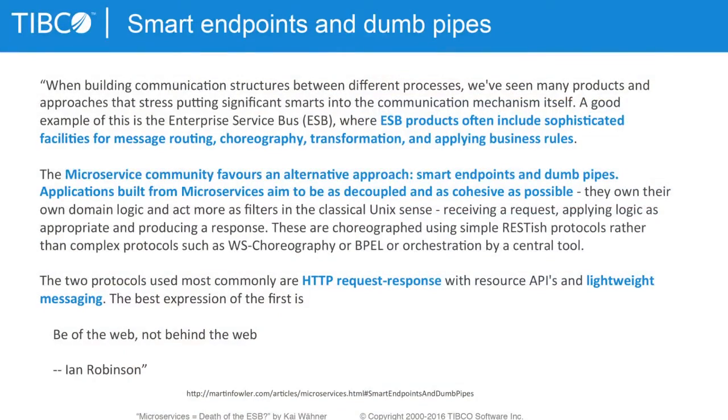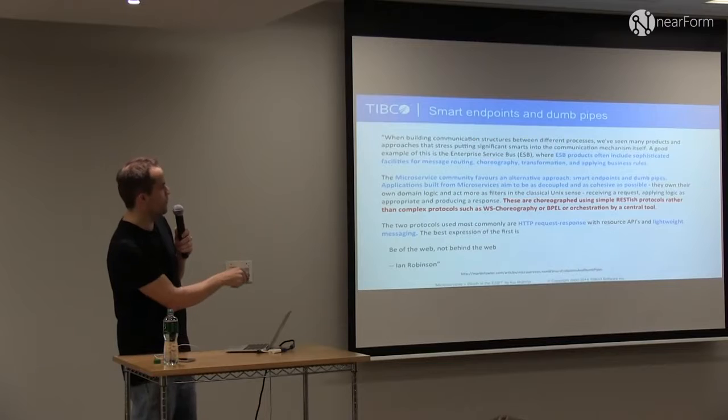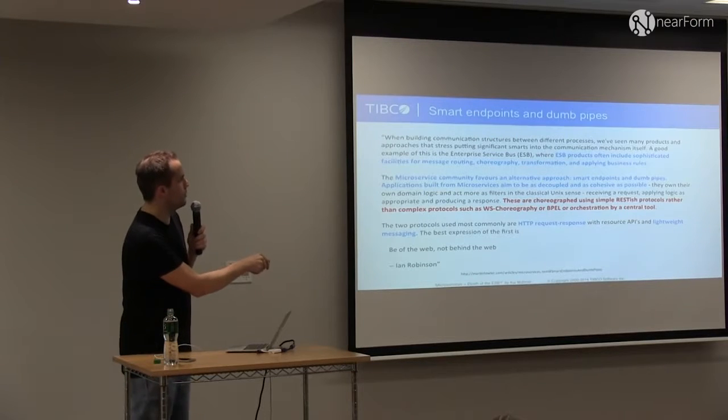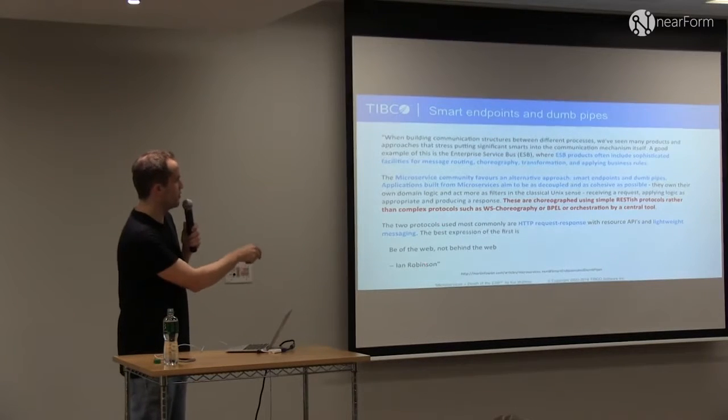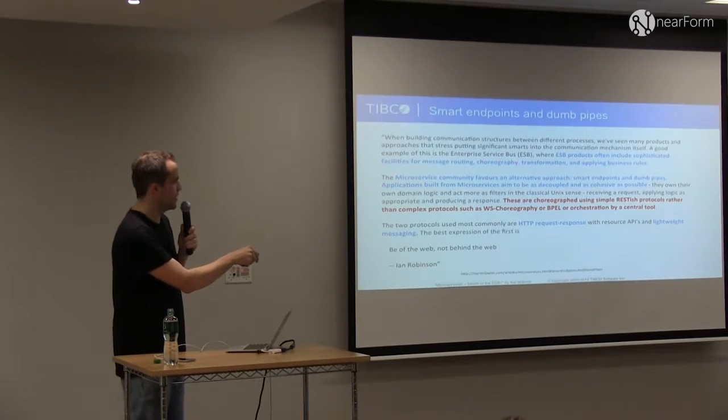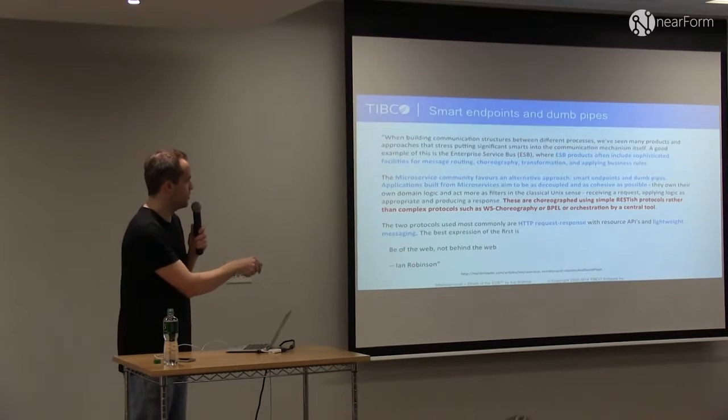And what's important here, as I mentioned in the beginning, is the topic of smart endpoints and dumb pipes. It's defined by Martin Fowler and these guys. The only problem I have here is this text cited from the Martin Fowler blog, where you read about the ESB, which often uses sophisticated facilities for message routing, choreography, and so on.